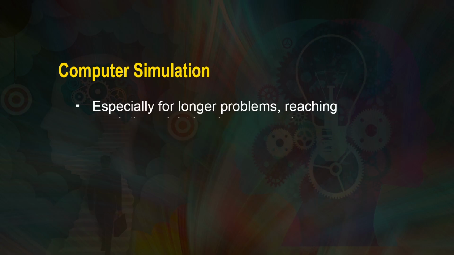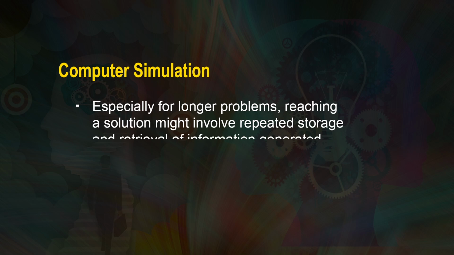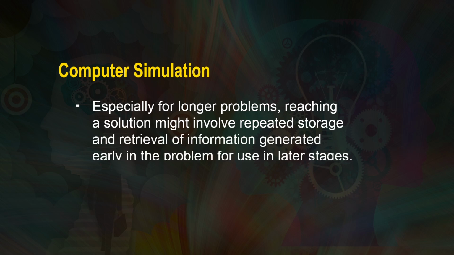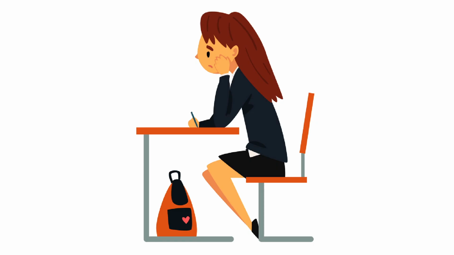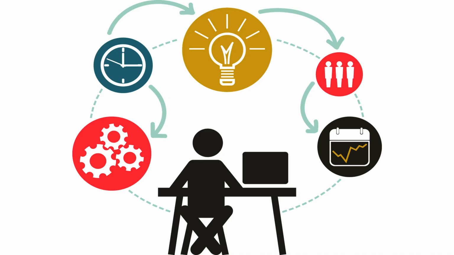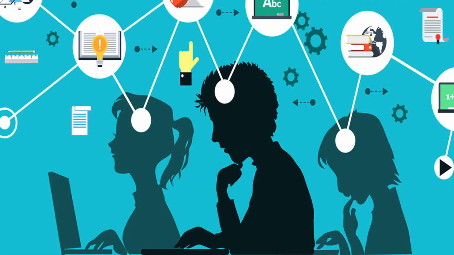Especially for longer problems, reaching a solution might involve repeated storage and retrieval of information generated early in the problem for use in later stages. Even this brief listing clearly indicates that problem solving is not a single cognitive process, but rather involves a number of activities which need to be properly executed and organized to be successful.